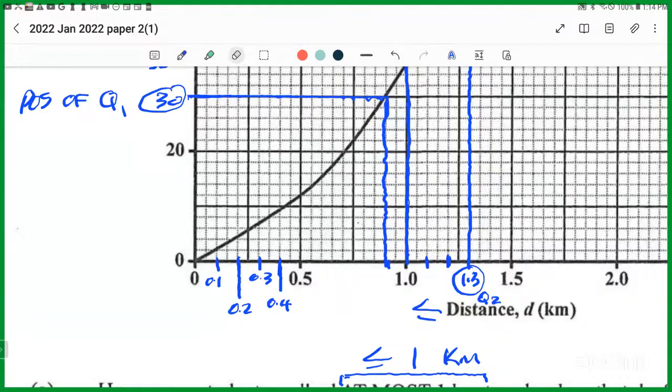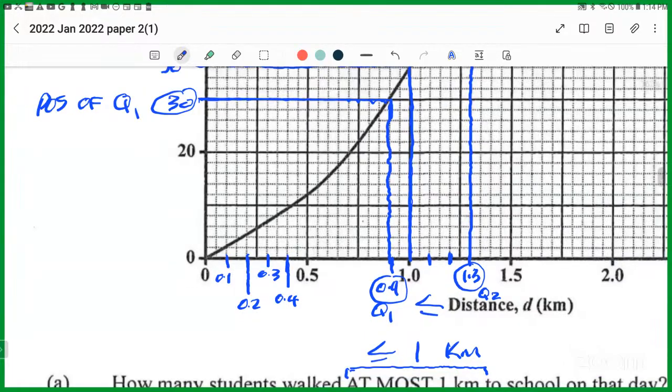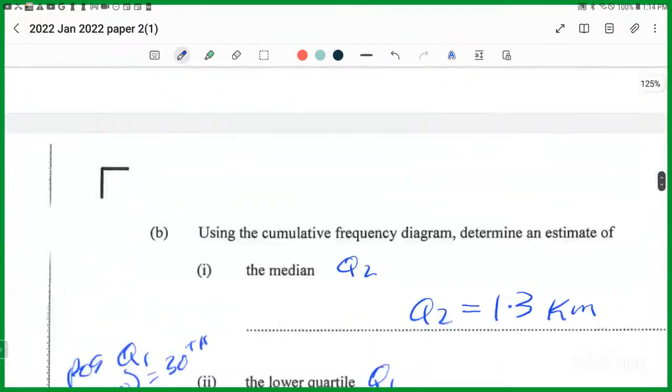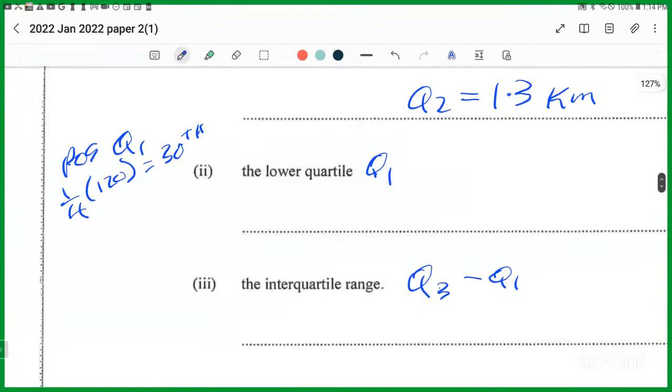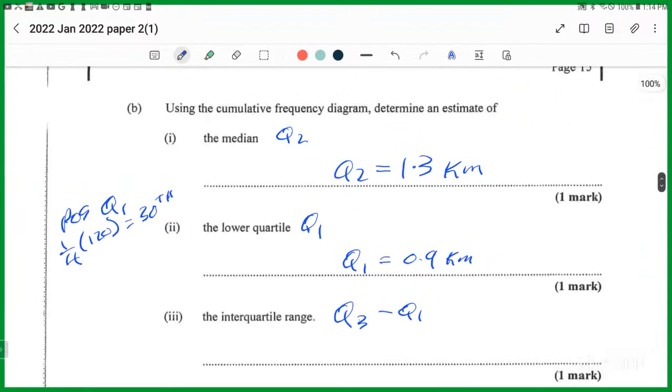So 0.9 is your Q1, 0.9 kilometers. So Q1 is 0.9 kilometers. Let me erase this.